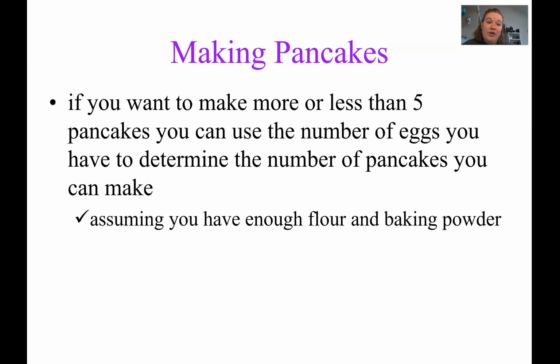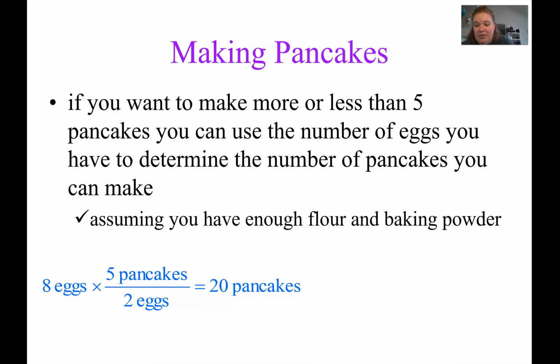Now, if you want to have more than 5 pancakes, you have to adjust all the other ingredients. You can use the number of eggs you have to figure out how many pancakes you could possibly make. So for example, if you have 8 eggs in your refrigerator, here's the relationship from the recipe.